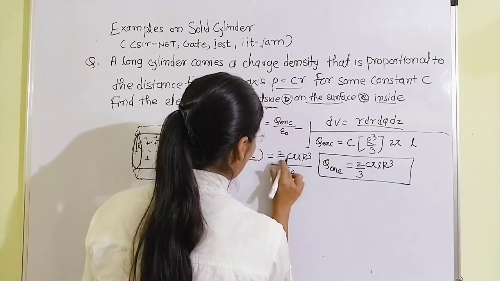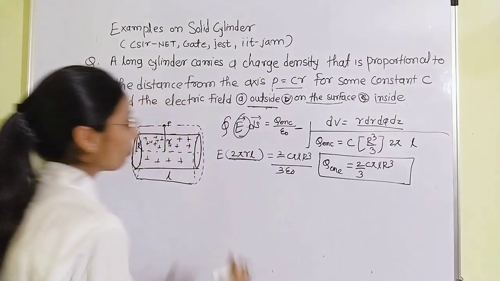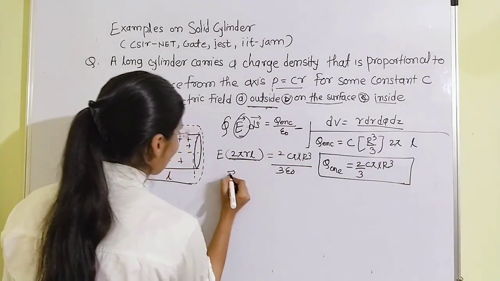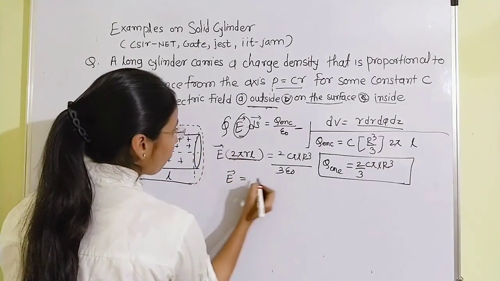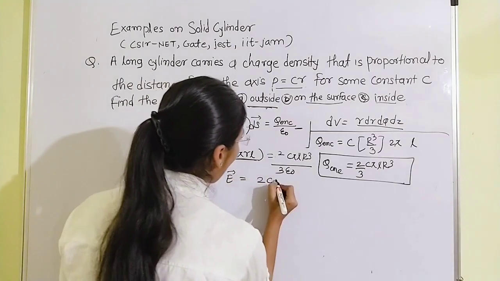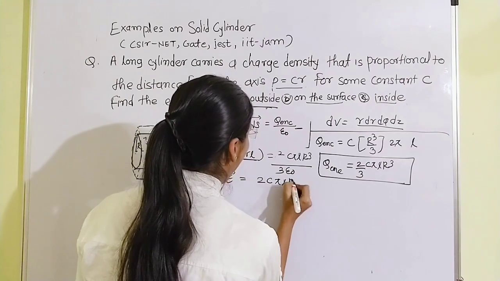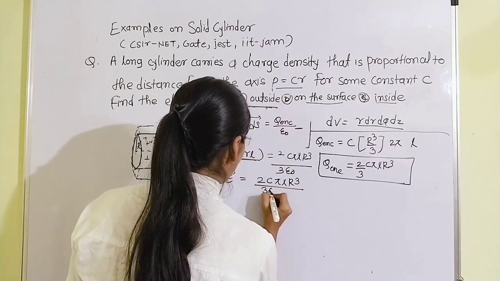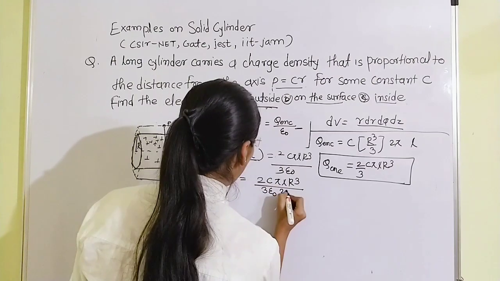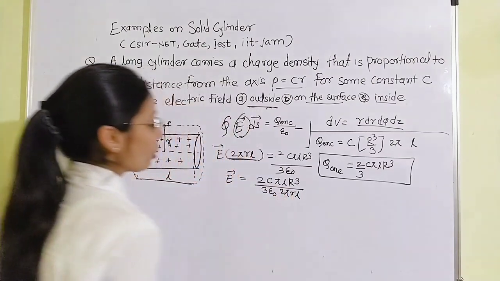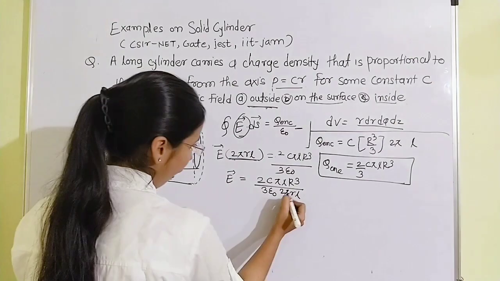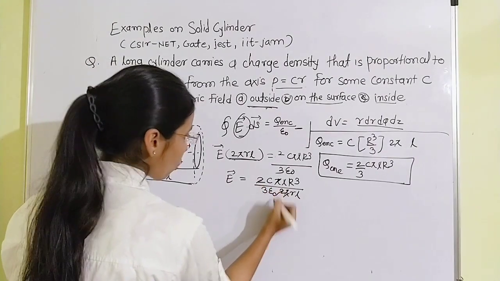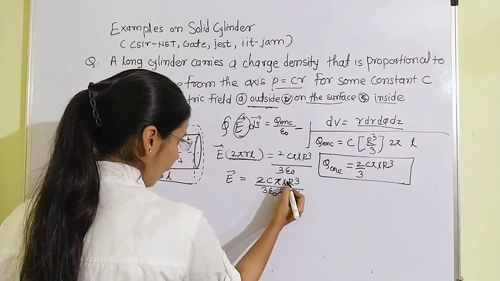So we can write it as 3 epsilon naught. Okay, so we have to find the electric field E bar, that is equal to 2C pi L R cube by 3 epsilon naught into 2 pi R L. Here pi is cancelled, 2 is cancelled, L is cancelled.